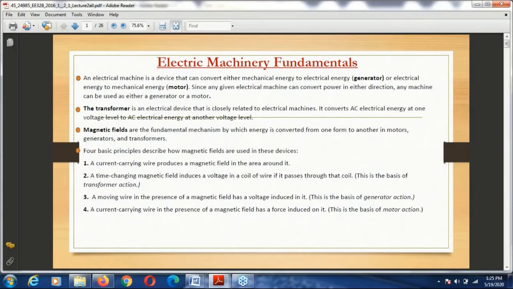Now, the basic law governing the production of a magnetic field by a current is Ampere's law. Is it clear to you? Ampere's law is the basic rule used in the production of a magnetic field. Now you have magnetic field intensity.